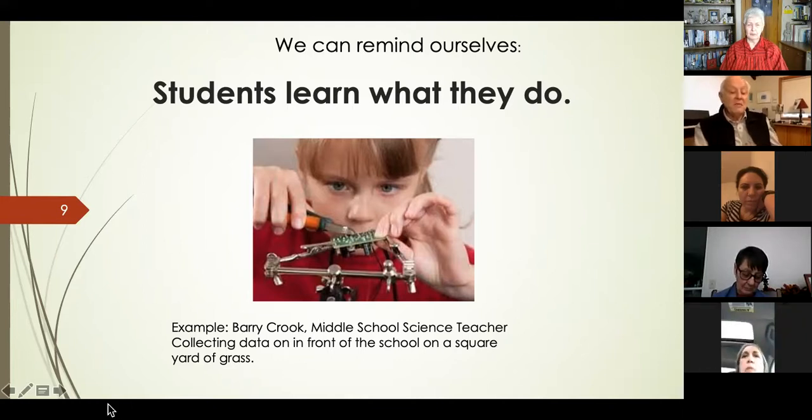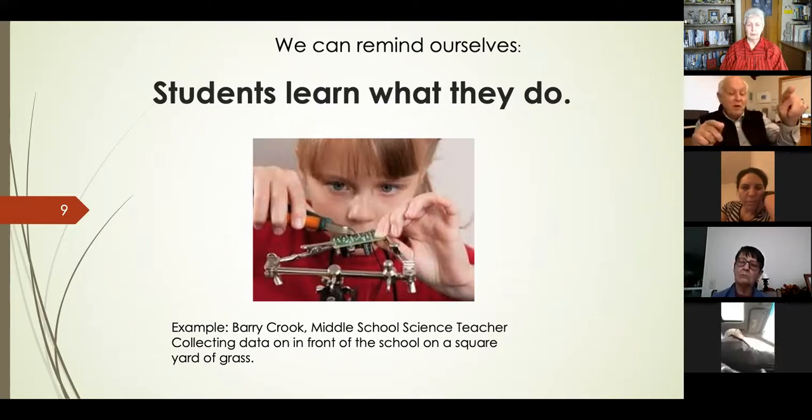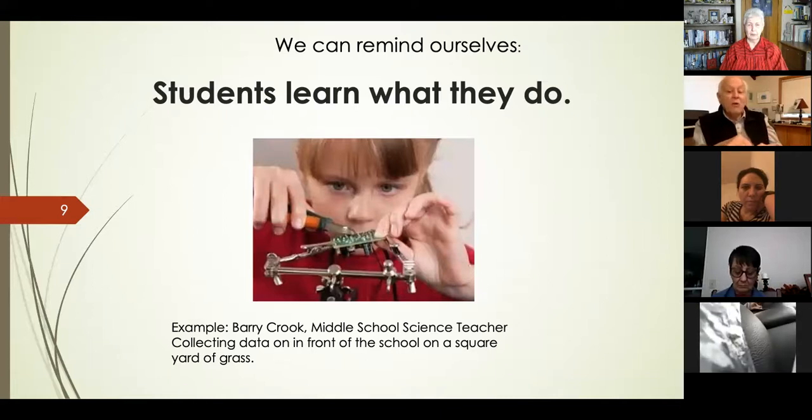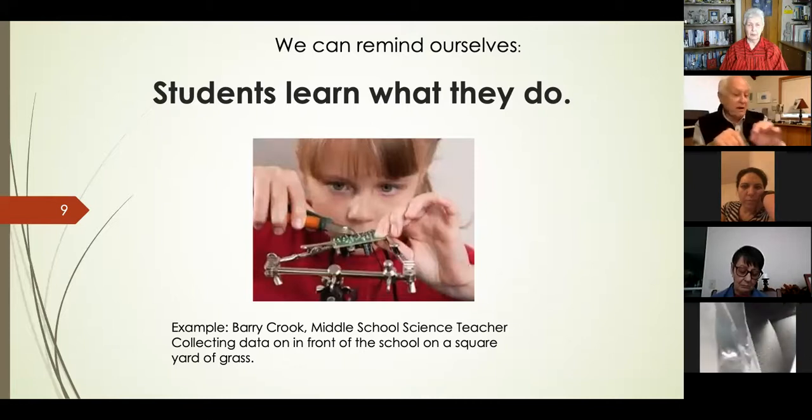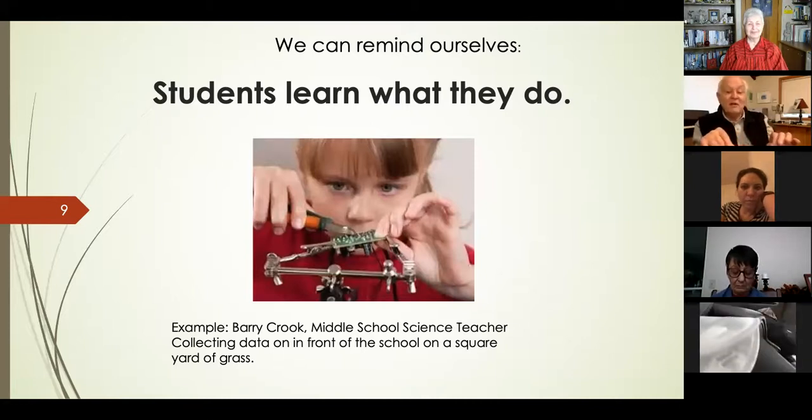I can remember one time visiting his class, and he had all of his middle school students out in front of the school, and they were collecting data. They had marked out a square yard of grass, and different groups had their own square yard, and they were counting what was in there: blades of grass, little insects, different kinds of weeds, et cetera, et cetera.